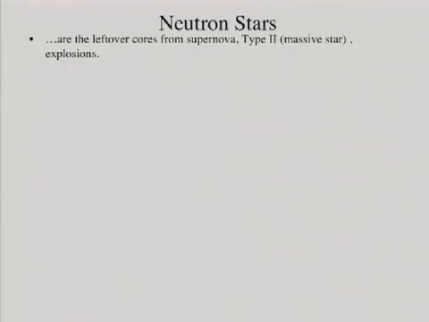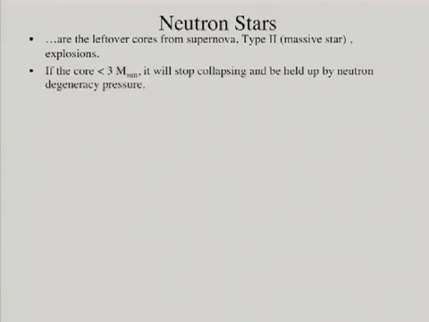They seem to end up as what is called a neutron star. Now, what is a neutron star? We'll talk about it as we go on. The core of a neutron star is less than 3 solar masses, we think, or otherwise the star will collapse. So the upper limit to the mass of these stars is about 3 solar masses.